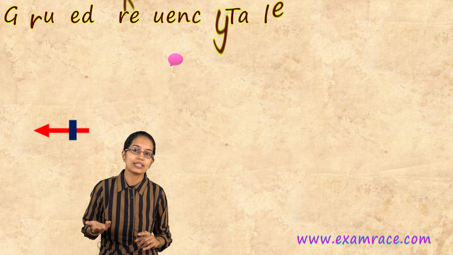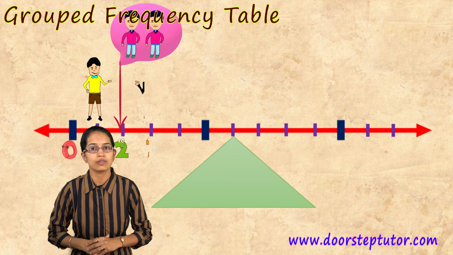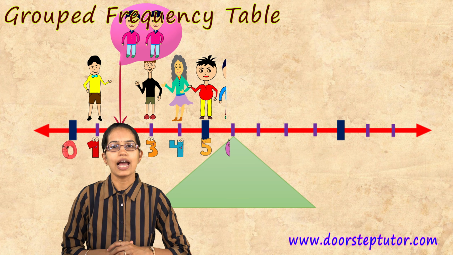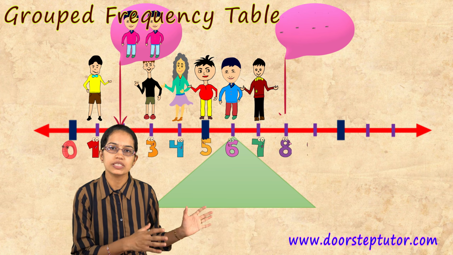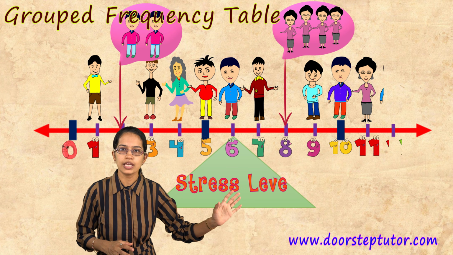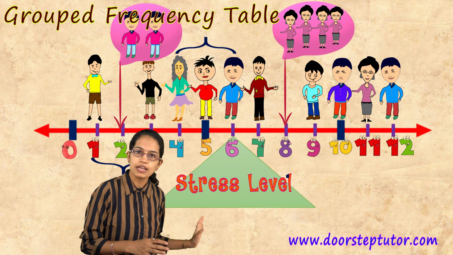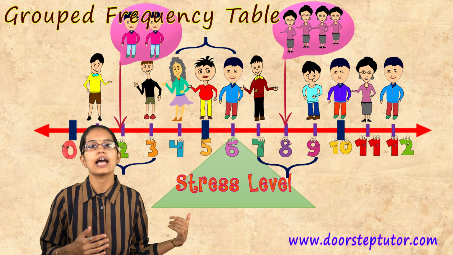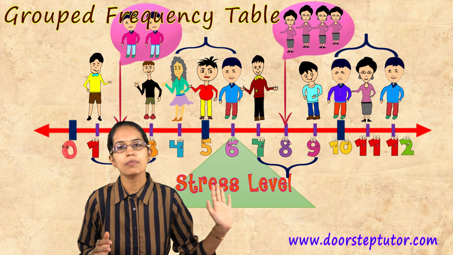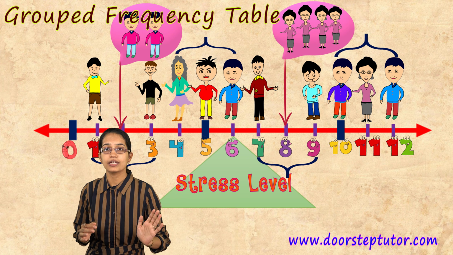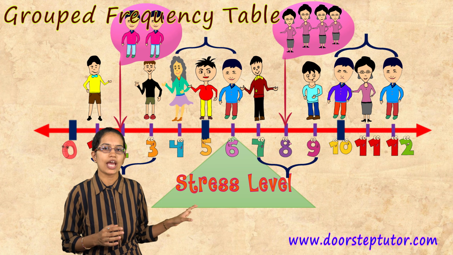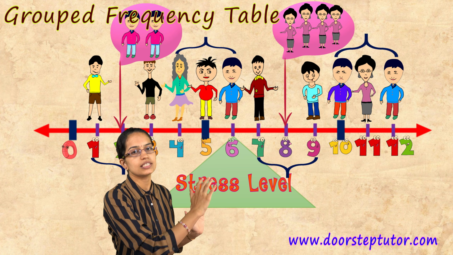Again, there is one more interesting thing, and that is grouped frequency. What I can do is group the stress levels into, let's say, 0 to 3, 4 to 6, 7 to 9, and 10 and above. Those could be my 4 categories, and based on those categories I can further rearrange the same data.